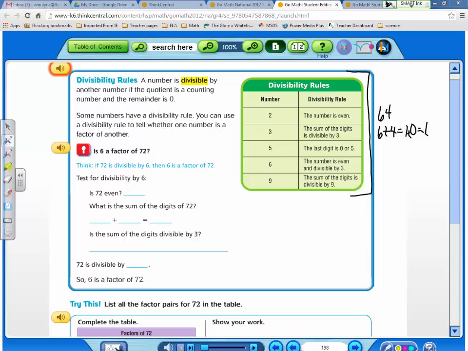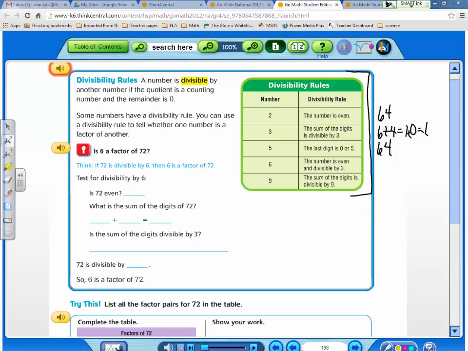So 64 is not divisible by 3. If I keep 64, I can test for 5. If the last digit is 0 or 5, it's divisible by 5. Here my last digit is 4, so it is not divisible by 5. For 6, it would be divisible by 6 if I said yes to 2, meaning it's an even number, and I said yes to 3.